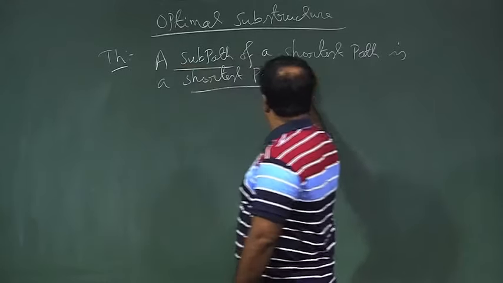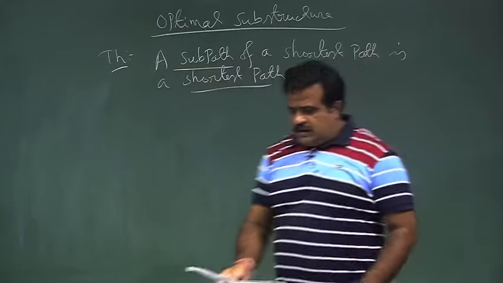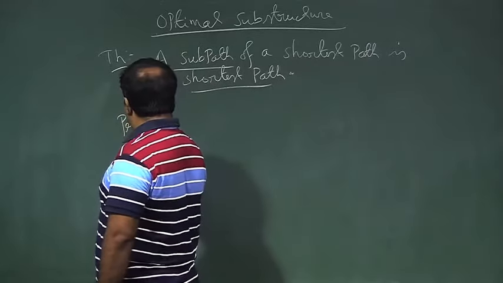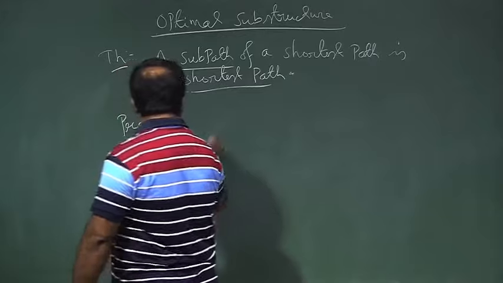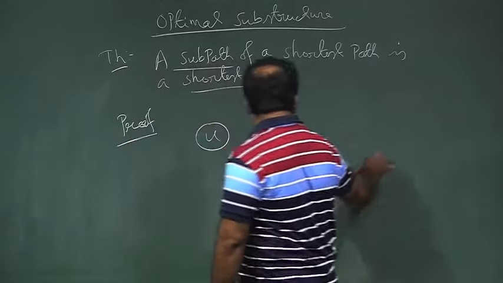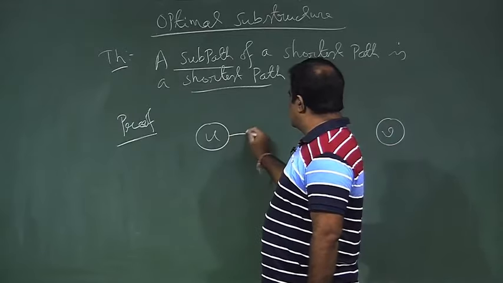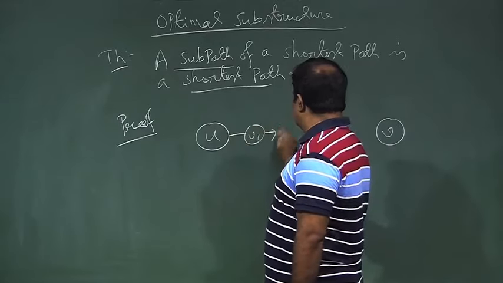So, how to prove this? What it is telling is, if you take a path from U to V, suppose we take a shortest path, this is the shortest path from U to V.